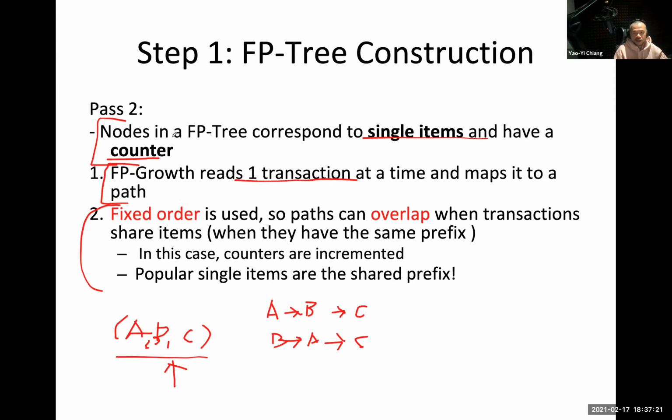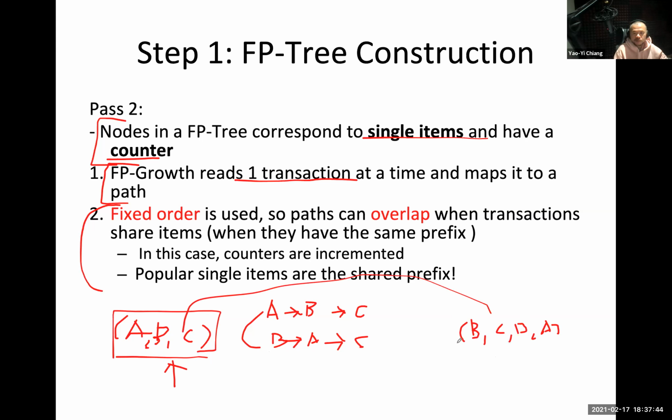However, in generating an FP tree, we want many of these paths to share the same prefix. If I give you a second example, B, C, D, A, as the second basket, we want these two baskets to share the same path. That means their order should be similar.